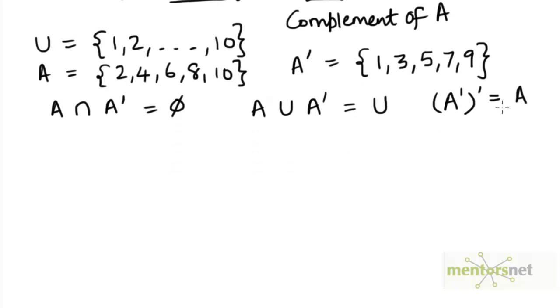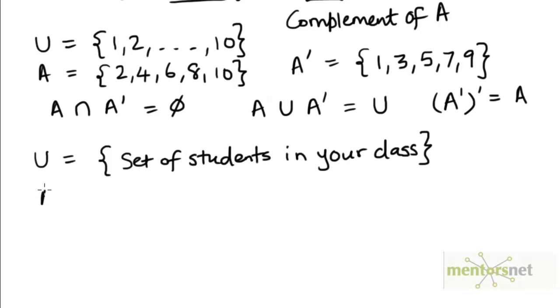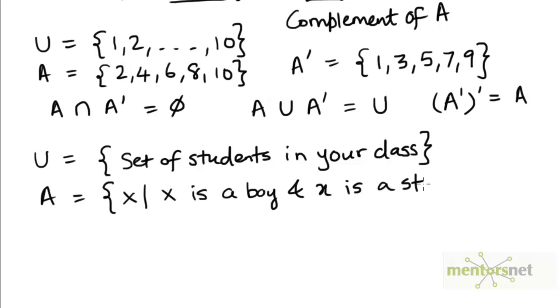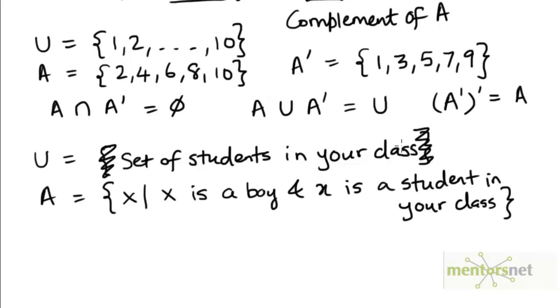Let's take a couple more examples. Suppose U is the set of students in your class, and suppose A is the set of all students X such that X is a boy and X is a student in your class. Should probably remove these curly brackets here. U is the set of students in your class.